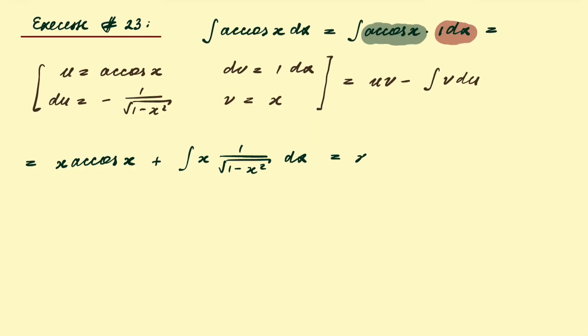Now let's rewrite the expression quickly. It's x arc cosine of x plus the integral of x dx over square root of 1 minus x squared.